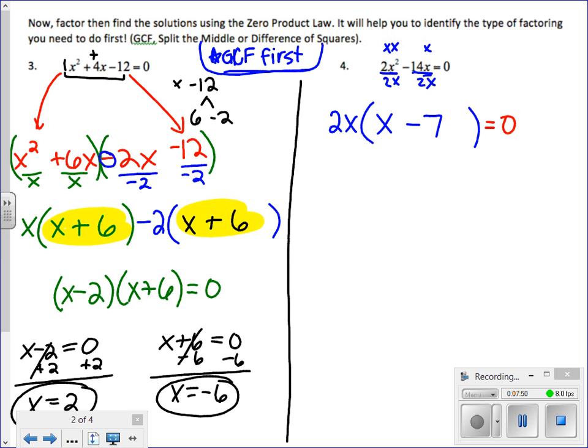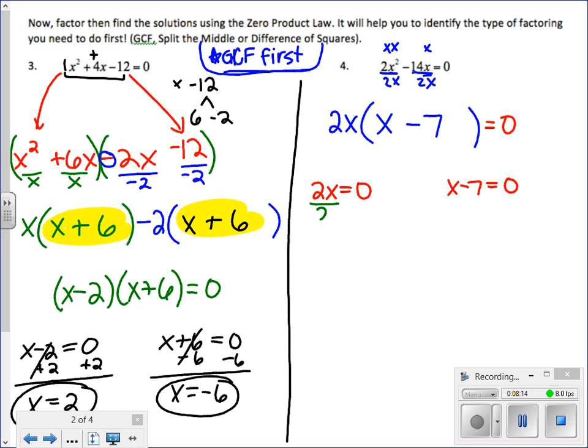So once I've factored, I set everything equal to 0, so I can use the zero product law to find the solutions. I'm going to take the first factor, 2x, set it equal to 0, and take the second factor, x minus 7, and set that equal to 0. In order to solve the factor on the right, I have 2 times x.